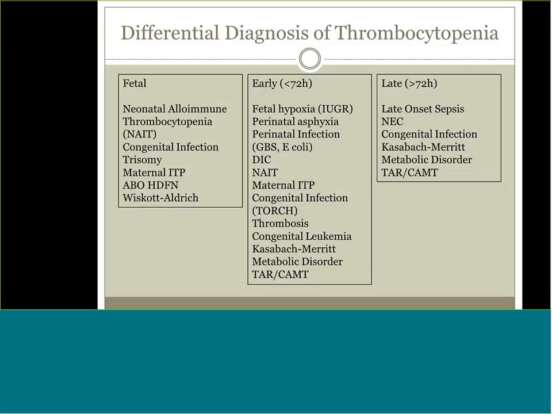Kasabach-Merritt phenomenon, where you have a giant vascular malformation that causes consumption. Metabolic disorders, and then other congenital thrombocytopenias like TAR, congenital amegakaryocytic thrombocytopenia, or CAMT. And then later in life, greater than 72 hours out: late onset sepsis, NEC, still some of those other things, congenital infections, Kasabach-Merritt, metabolic disorders, and then congenital thrombocytopenias.